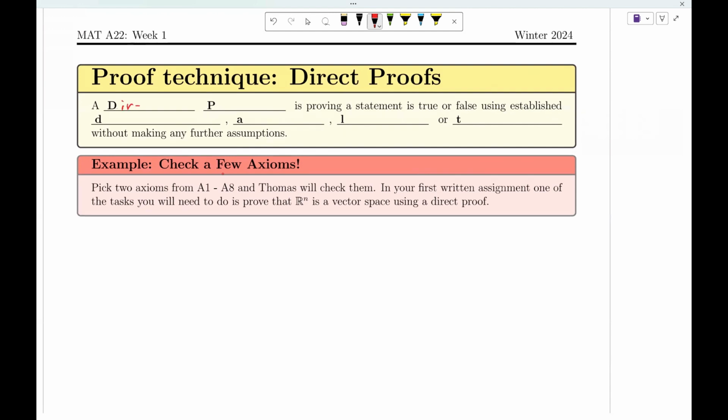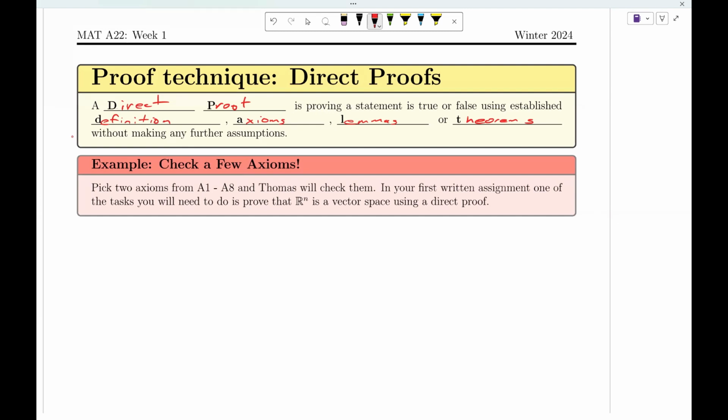A direct proof is proving the statement is true or false using established definitions, axioms, lemmas, or theorems, without making any further assumptions.